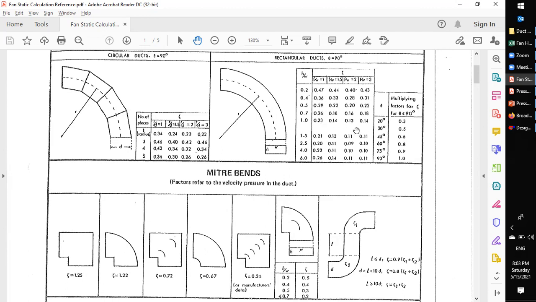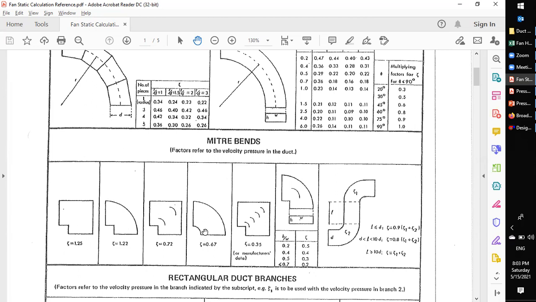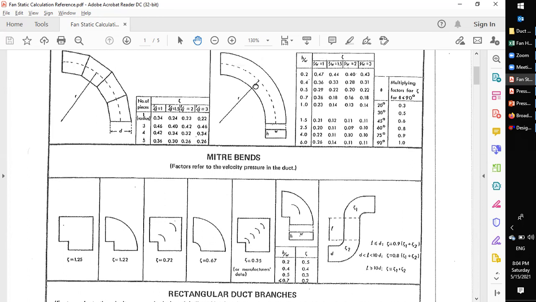Where's 0.67? Oh yeah, sorry. This one is assuming that you have 1D diameter. This miter bend is 1D, which means your radius is equal to 1D, or equal to the width of your ducting. That's how you get the 0.67.